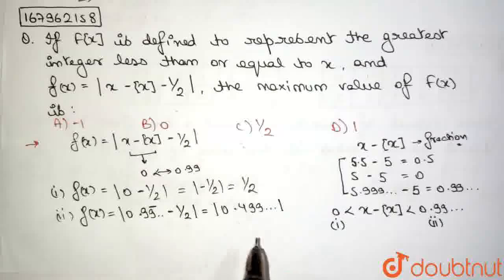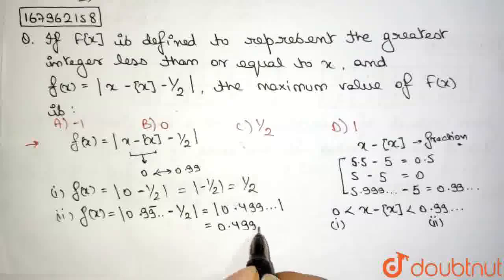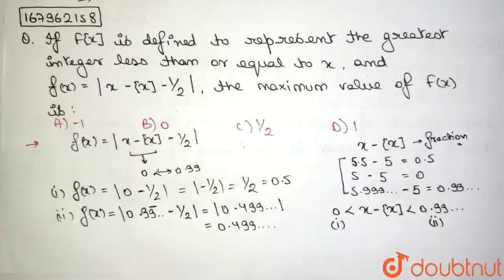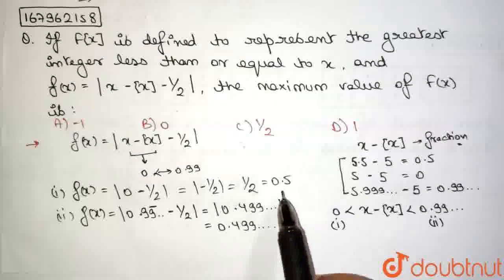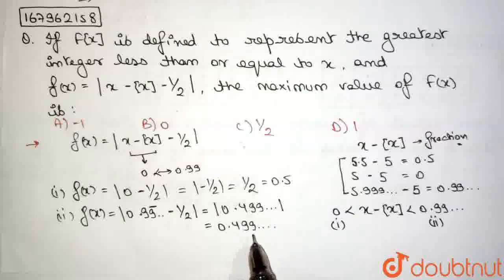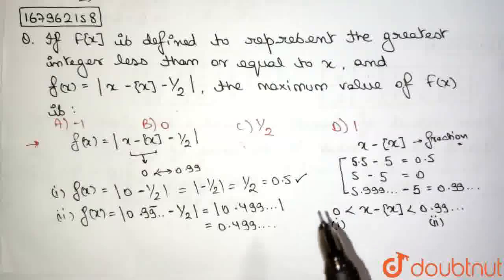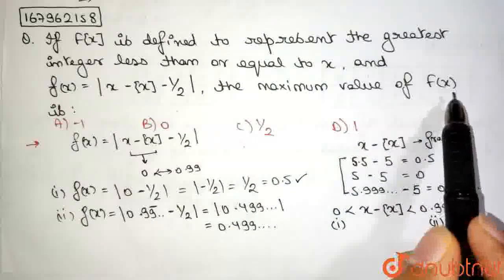And since it is already a positive value, what we get is 0.499 and so on, right? And if we look at this 1 by 2, this is nothing but 0.5. So at the extremes, we could say that the value is either 0.5 or 0.49999, right? Now, if we have these two values, which one is the greater value? 0.5. And the question asks, what is the maximum value of f(x)?